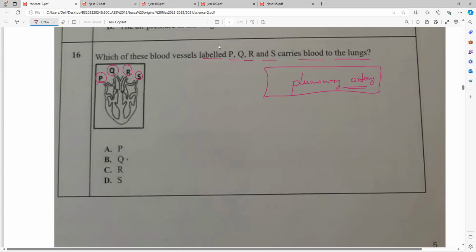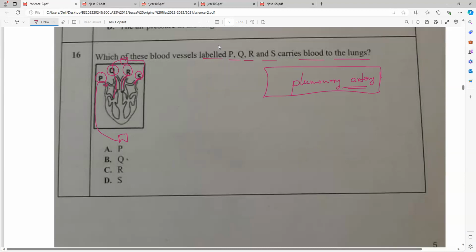See this. This is coming from the body. Now it is going away from that. Then this, we all know, is the aorta. So it is completely coming from the lungs. Now here will be the lungs.